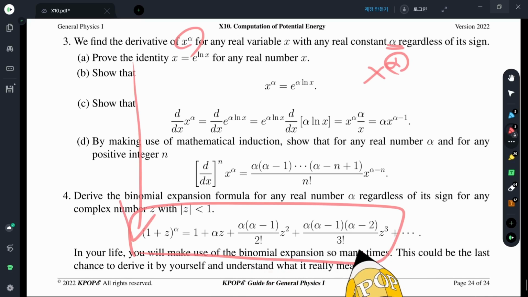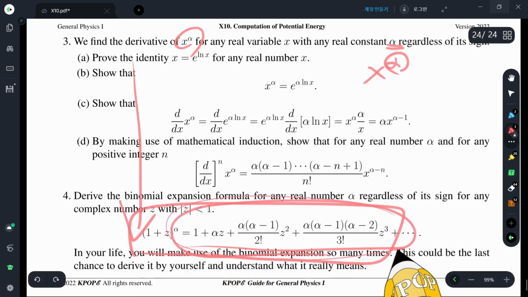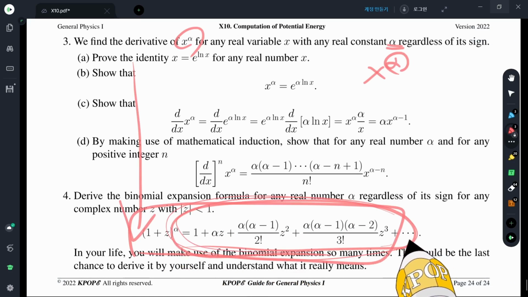You will have to apply this formula in your lifetime many times, but I can see many people are not able to prove this, and sometimes they copy the formula and apply it to a problem where it cannot be applied. That's the problem.